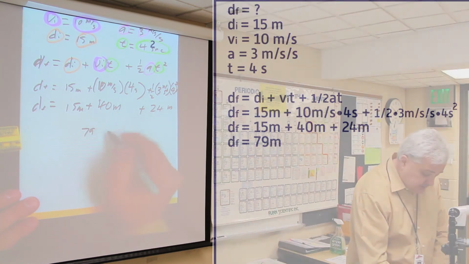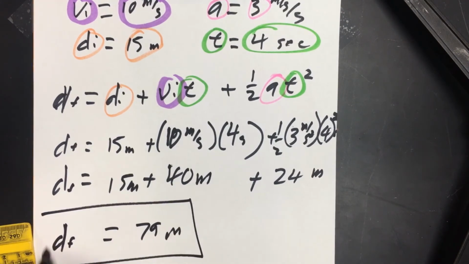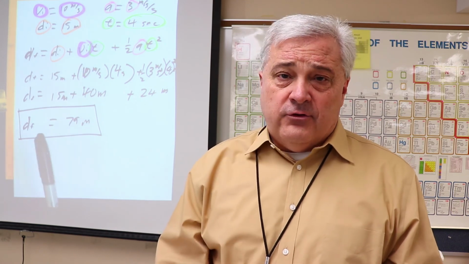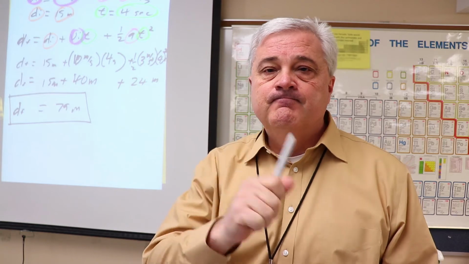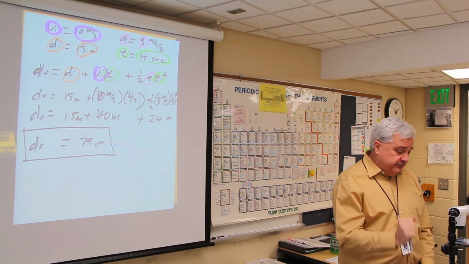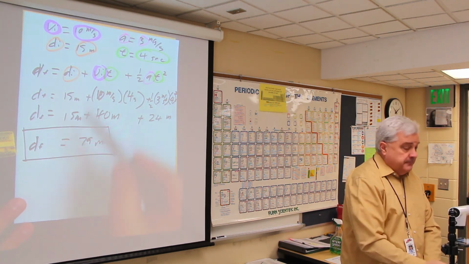Meters, meters, meters. That's a good thing. That's d sub f. Example problem solved. Again, write down what's given, write down the relevant formula, plug in, and solve. So there you have an example of finding the final distance where all of the other stuff is given.